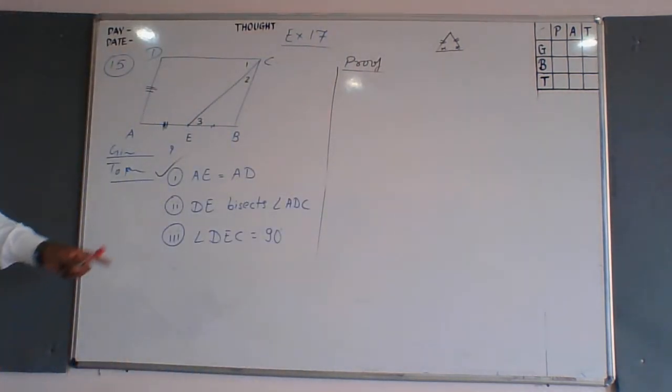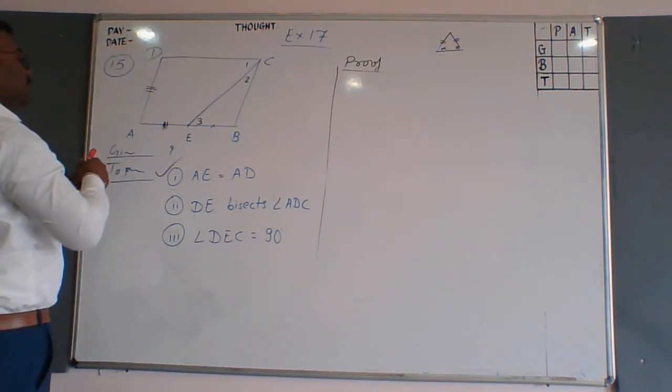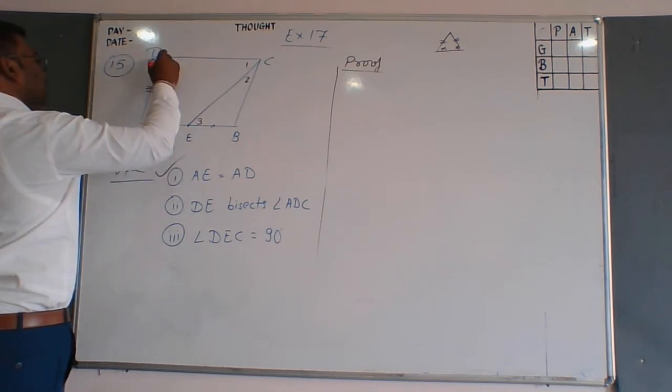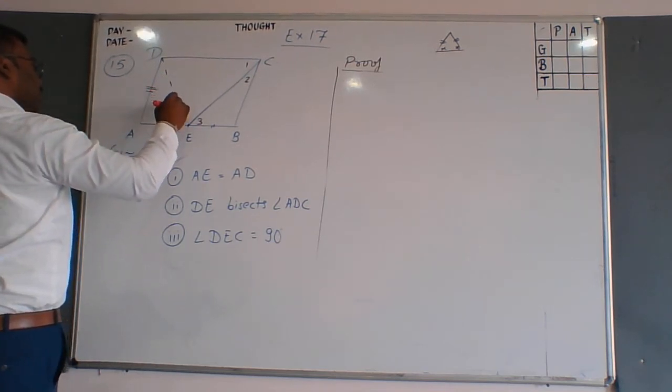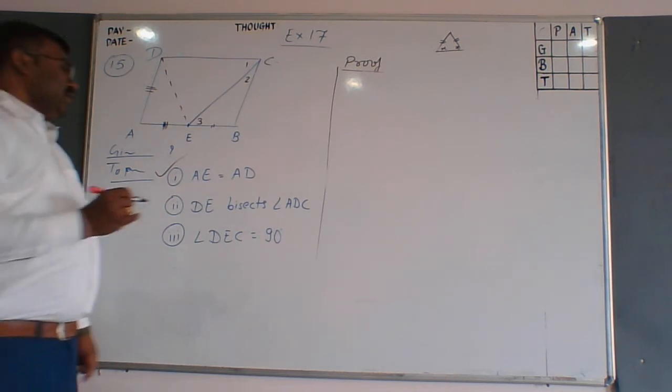See, we want to show that DE bisects angle ADC. Join this DE. We want to show that DE is the bisector of angle ADC. Correct?